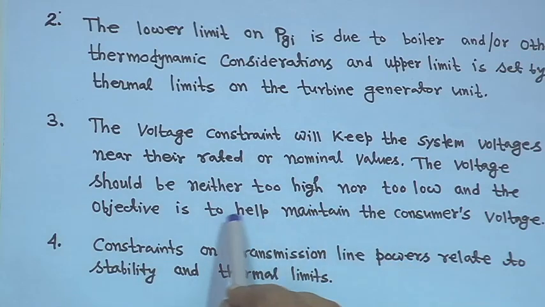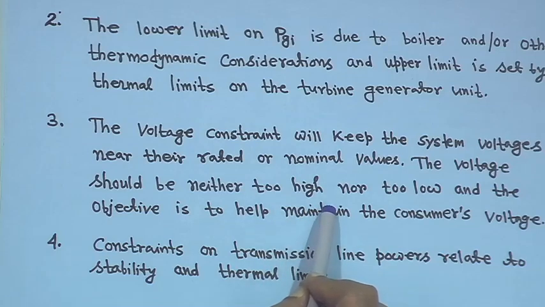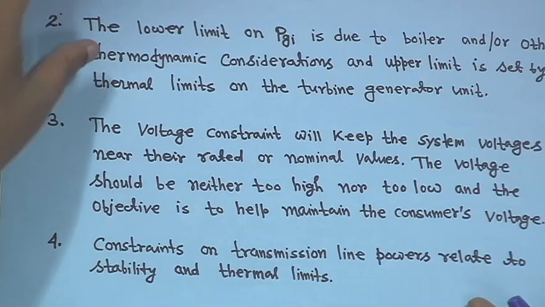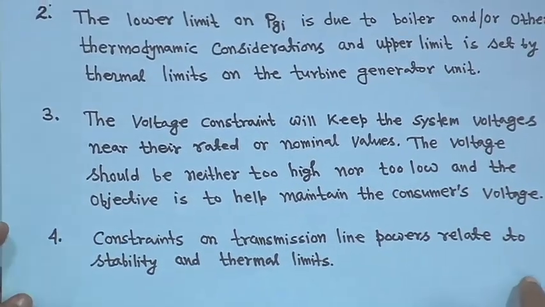The voltage should be neither too high nor too low, and the objective is to help maintain the consumer's voltage. You have to maintain the voltage such that at the consumer end it is within the permissible limit. So that is why you have to be careful about the voltage constraint.